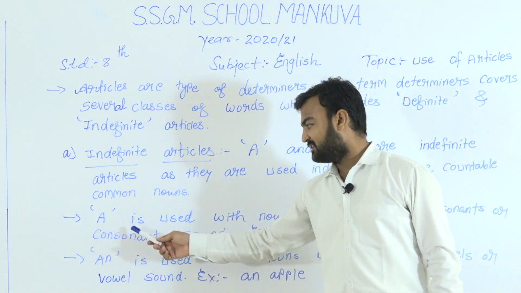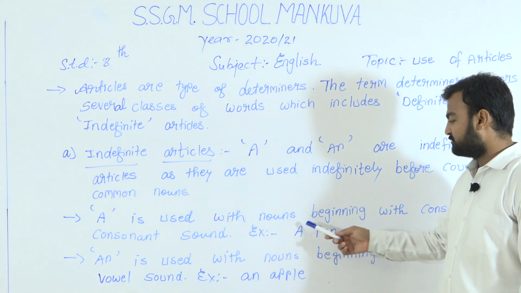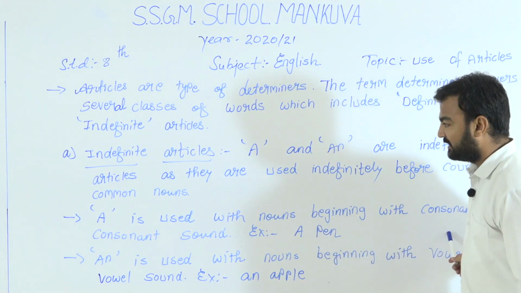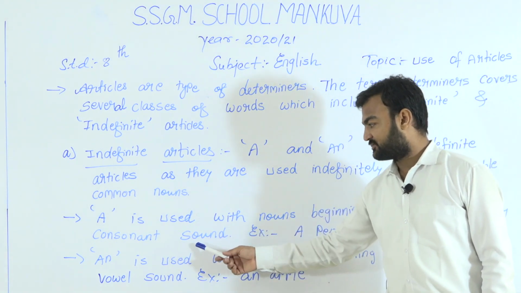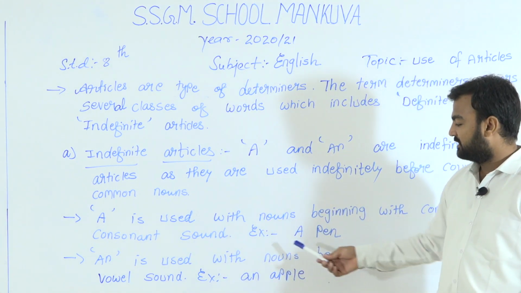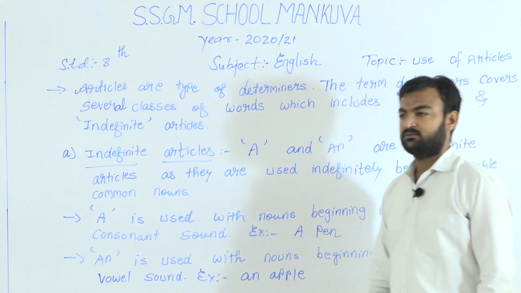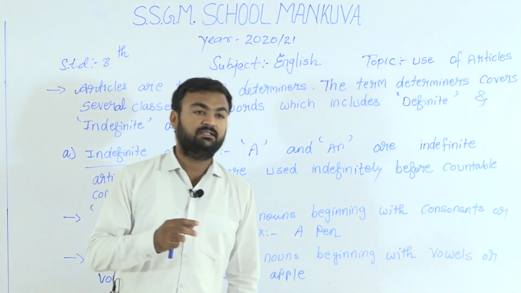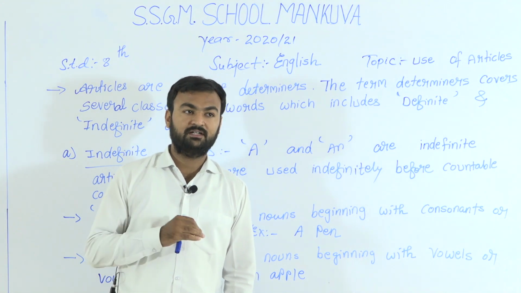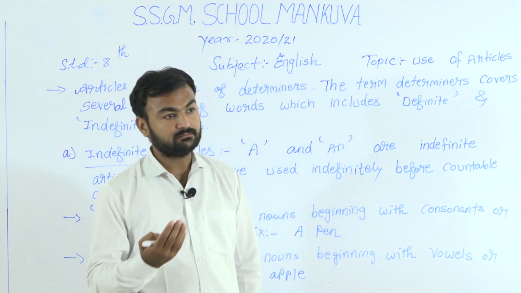A is used with nouns beginning with consonants or consonant sound. For example, a pen. Now students, sometimes we forget the concept of consonant or vowel.